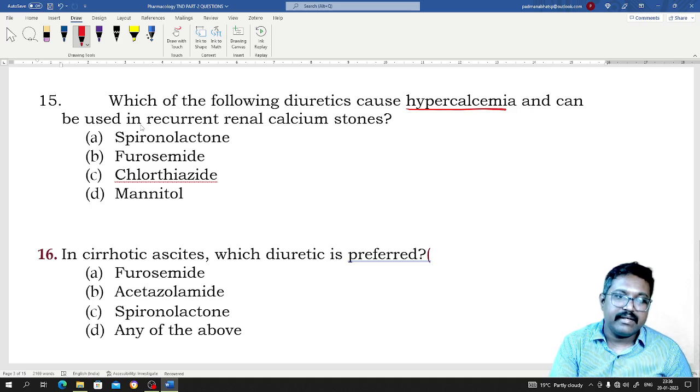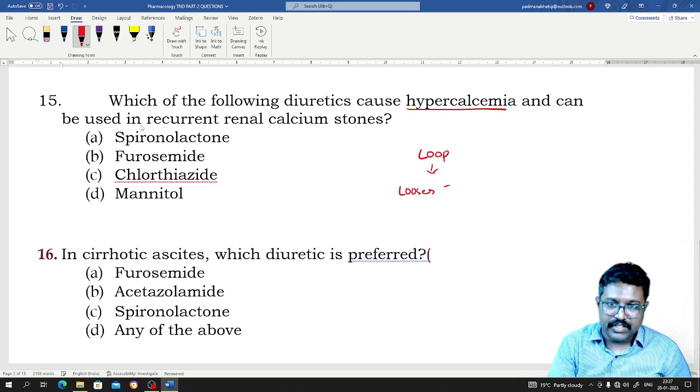Okay. Next, moving on to which of the following diuretics causes hypercalcemia and can be used in recurrent renal calcium stones. So please remember, whenever you give a loop diuretics, one thing you should remember, loop loses calcium through the urine. So what happens to the concentration in the body?